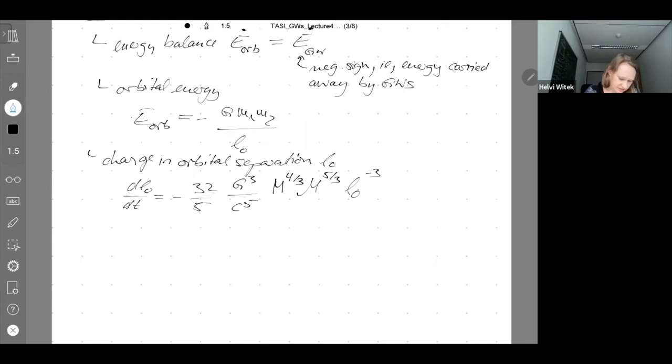So we can again start from your energy balance law, and then you find the change in orbital period.